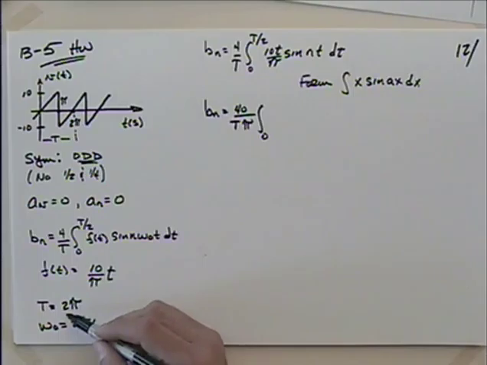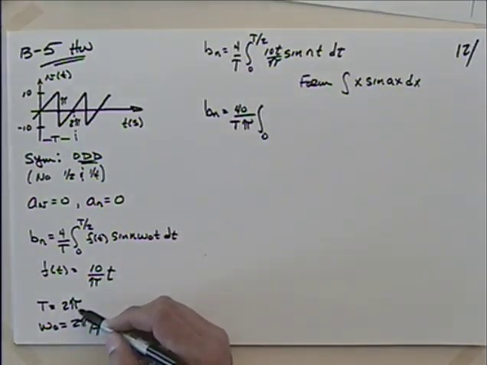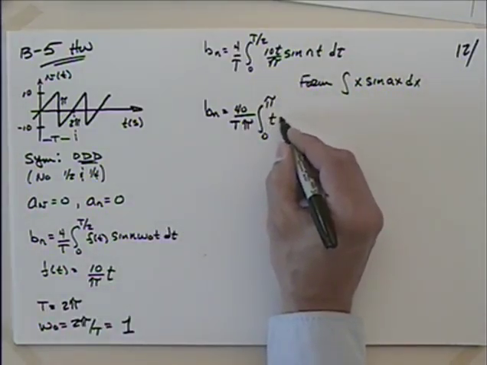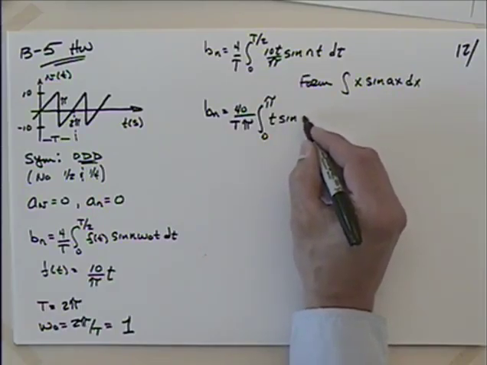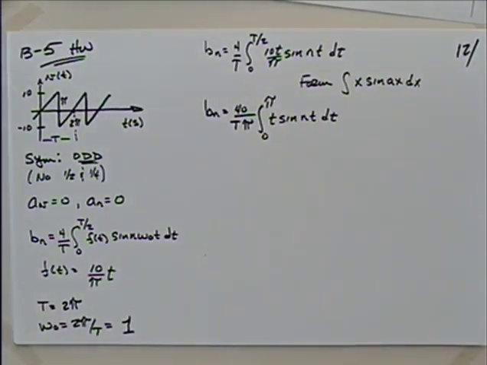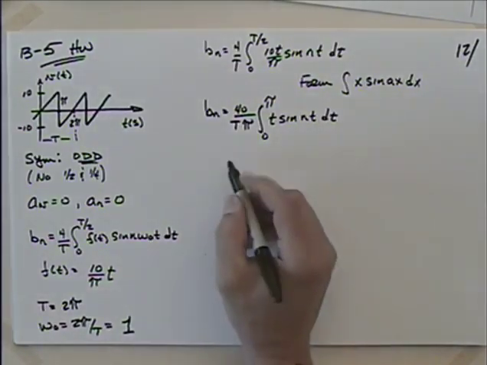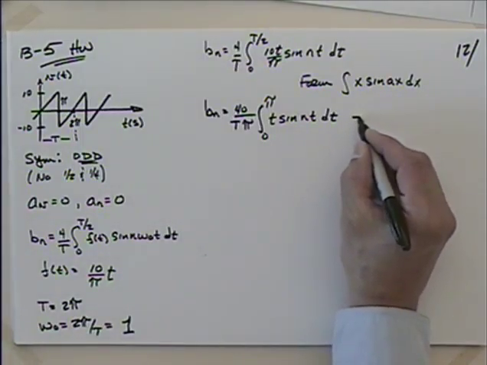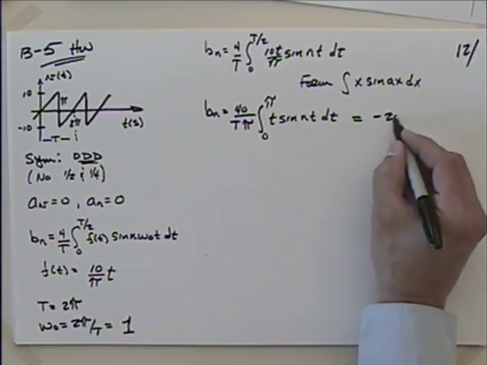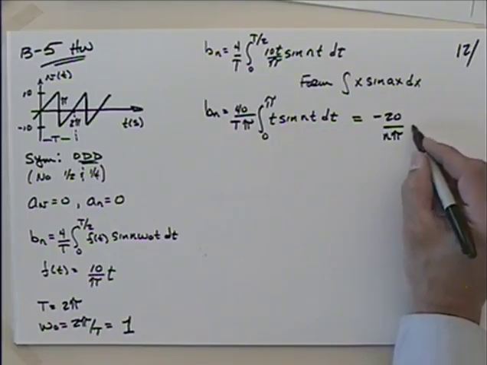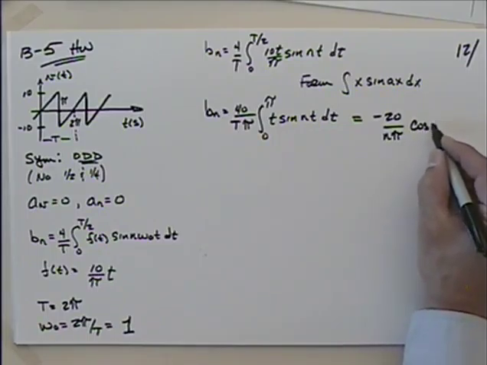Let's see, if T is pi over 2, this is going to go to pi, isn't it? Of t times the sine of n t dt. So we saw that a lot before. I'm not going to belabor that. I'll just jump to what this turns out to be equal to. We have minus 20 over n pi times the cosine of n pi.